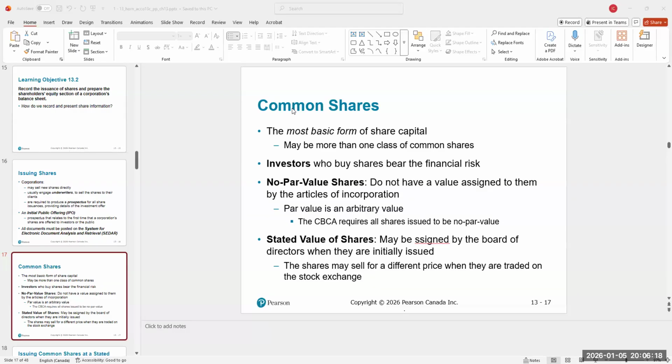Now, the Canada Business Corporations Act requires all shares issued to be non-par value. We may have a stated value on the shares, which may be assigned by the board of directors when the shares are initially issued.